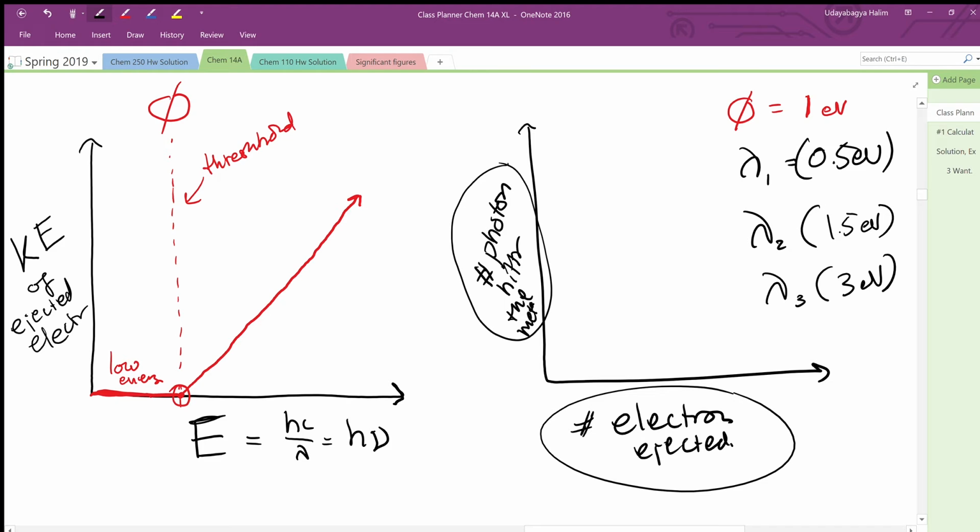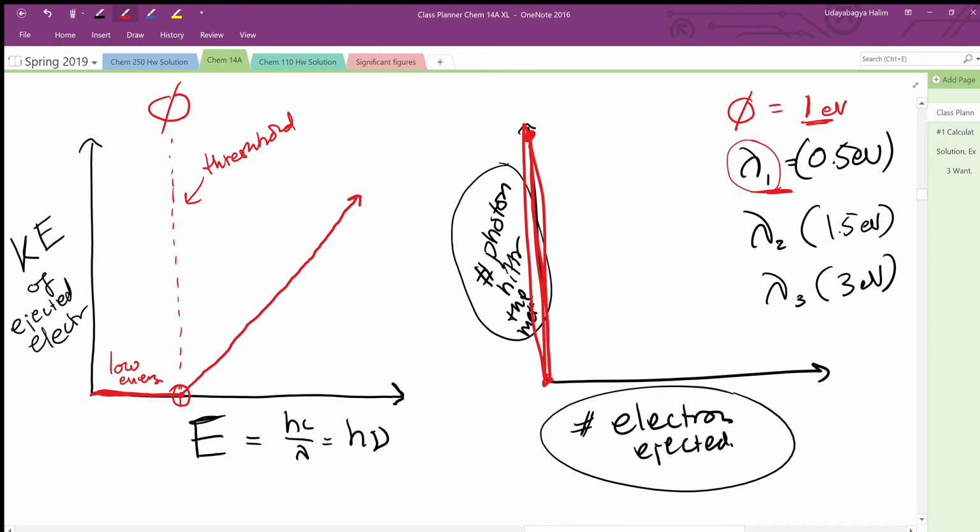For wavelength 1, the lower energy, I'm going to use the red color. I know that the energy of my photon is less than the work function, so I don't have enough energy to detach the electrons. It really doesn't matter how many photons of light I put in, the number of ejected electrons is going to be 0.